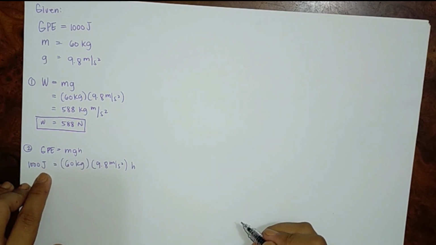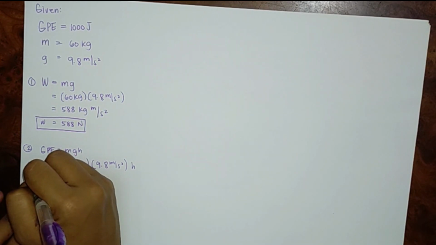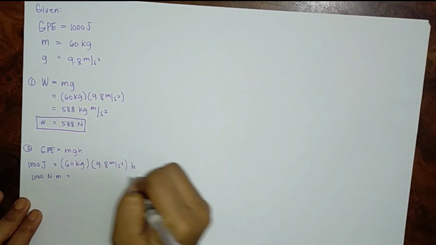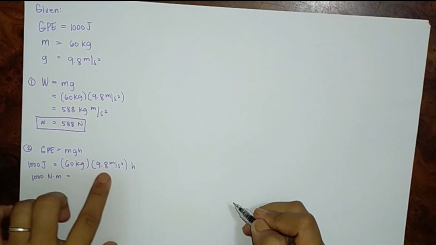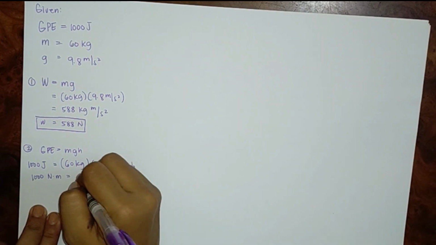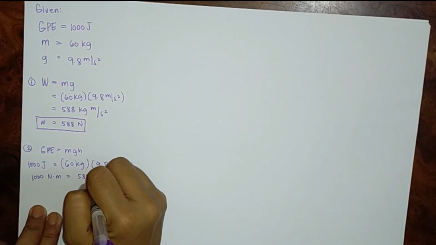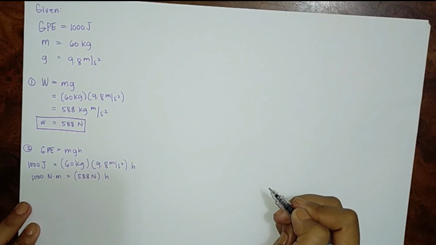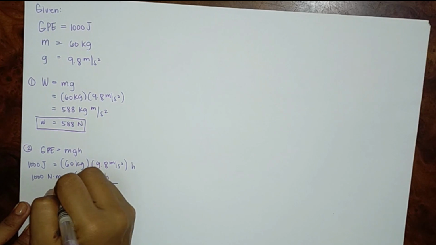So we are going to expand the unit for joules. We have 1000 newton meters equal to the product of the two values, 588 newtons times the variable h.